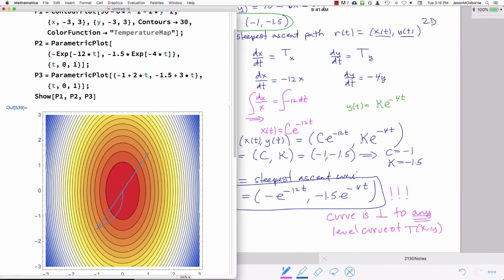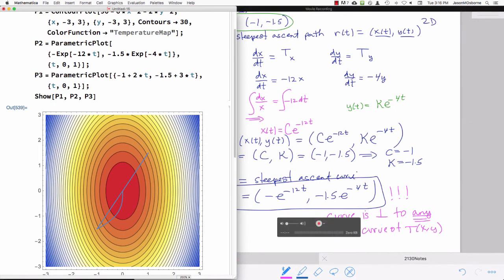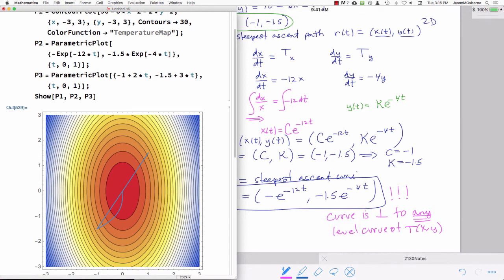Any other path you pick, they go through the same point over here, but this path, the straight line, went through colder regions than the curved path did. So if you follow the curved path, the path we're seeing over here on the right-hand side with the exponentials, you went along what was called the steepest ascent path.